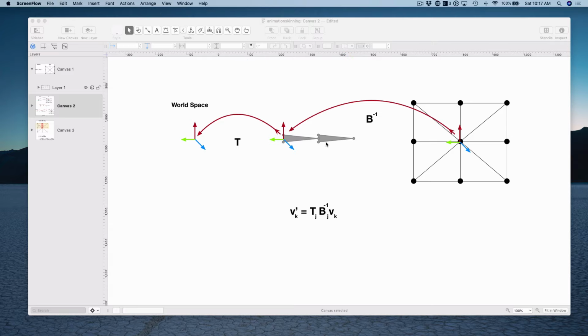So whenever a bone is rotated, T also changes, and that allows for a deformation in the skin to occur.